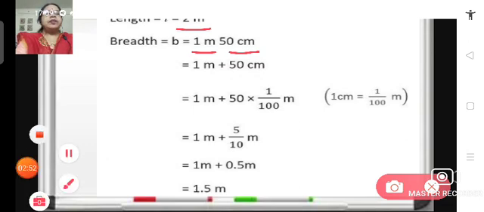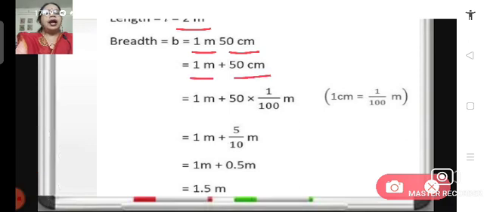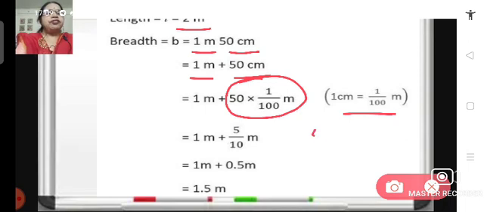We have learned this, isn't it? 1 meter 50 centimeter means it is 1 meter plus 50 centimeter. And what will be 50 centimeter? 50 centimeter will be equal to 50 into 1 upon 100. Why? Because 1 centimeter is equal to 1 upon 100 meters, isn't it? Or directly you can write it as 50 upon 100 meters.